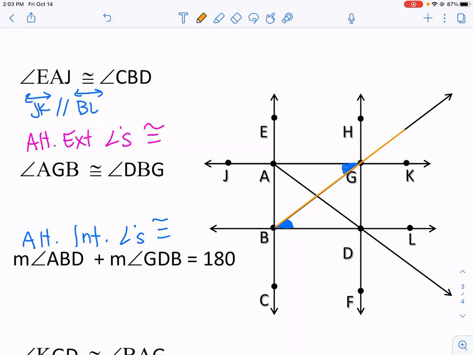Then the other two lines, so alternate interior angles kind of make a Z. This is what I was talking about yesterday with Z for Zach. So our parallel lines are JK and BL again. If I put A, G, and BD, is that also right? Yeah. Any two points on that line you can name.